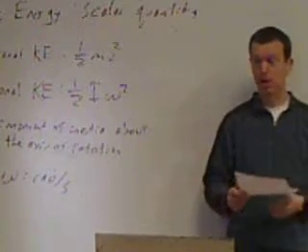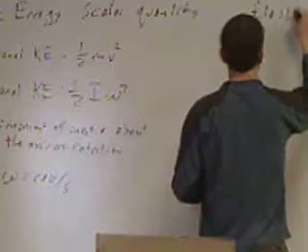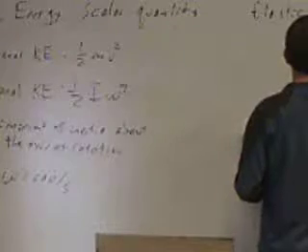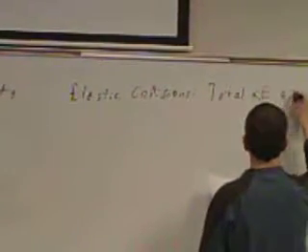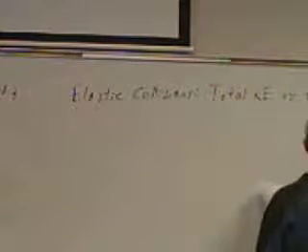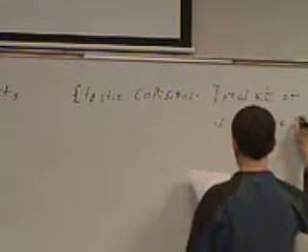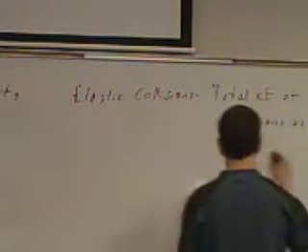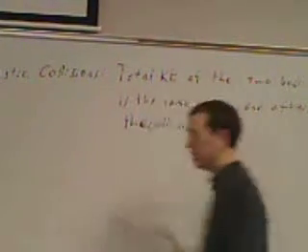In elastic collisions, the total kinetic energy, E, of the two bodies, and if there were more than two, it would still hold true, is the same before and after the collision. Okay, no kinetic energy is lost.